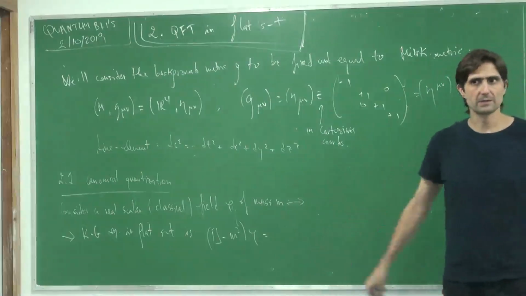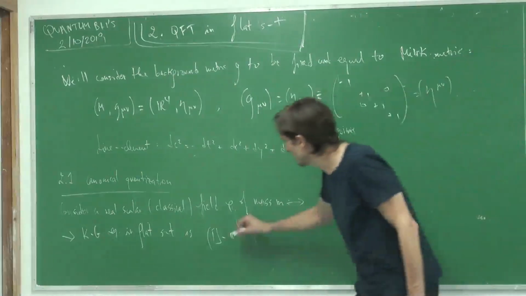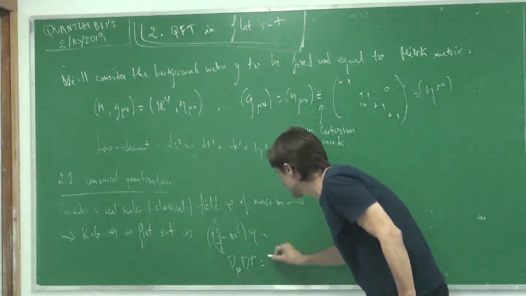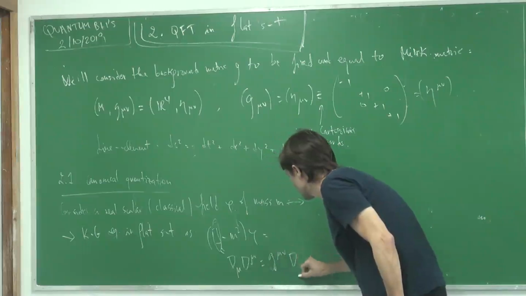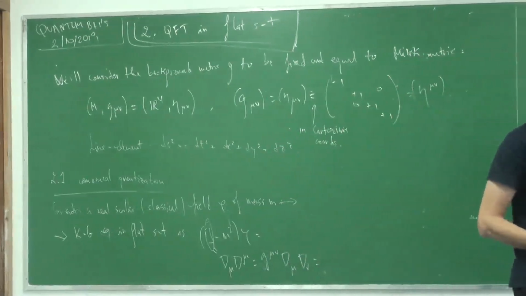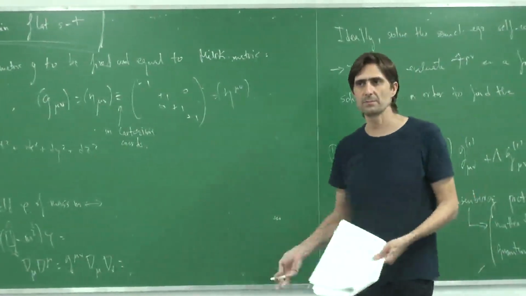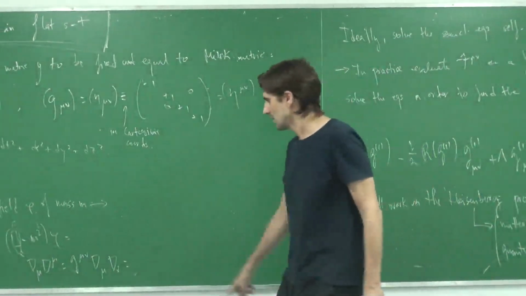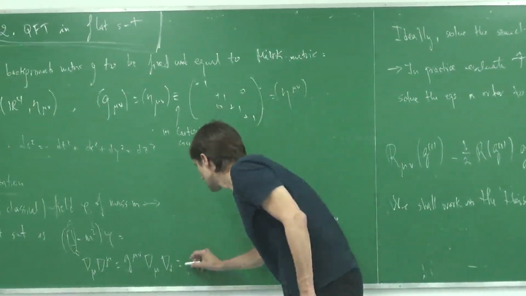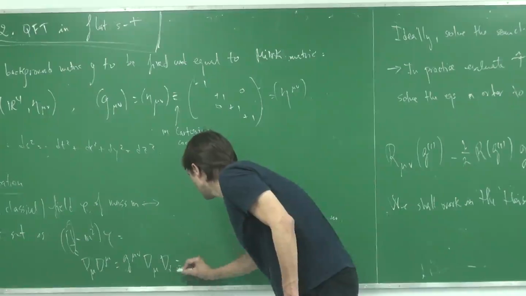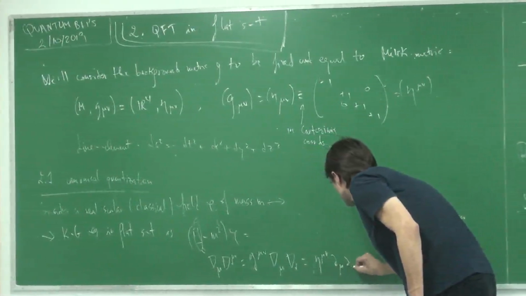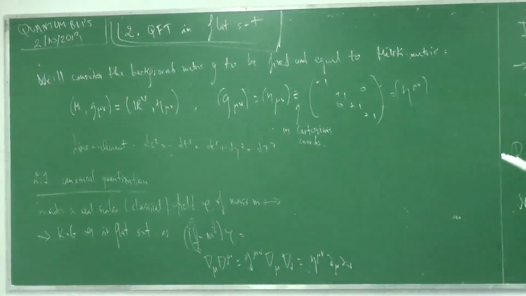The box, the d'Alembert operator, is just this. The covariant derivatives involve both partial derivatives and the Christoffel symbols. The Christoffel symbols in flat space-time in Cartesian coordinates are 0. So this is just equal to this.